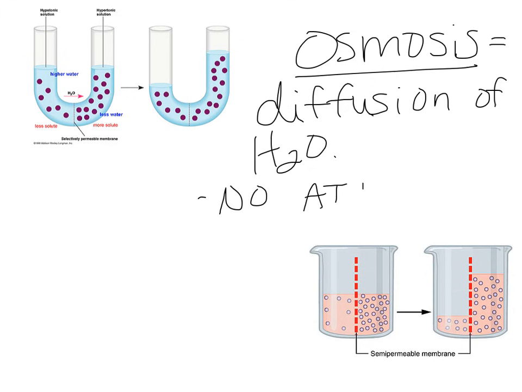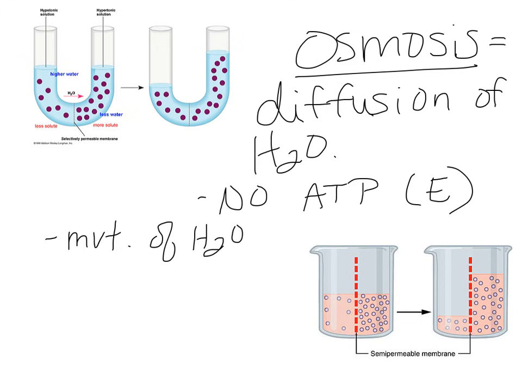So there's no ATP that's required here. Okay, so no energy because it's diffusion, which naturally does not require any energy. It's going to be the movement of water from a high concentration to a low concentration.